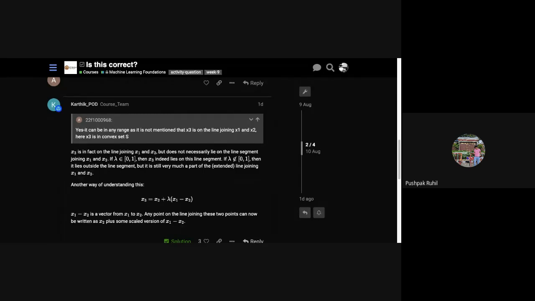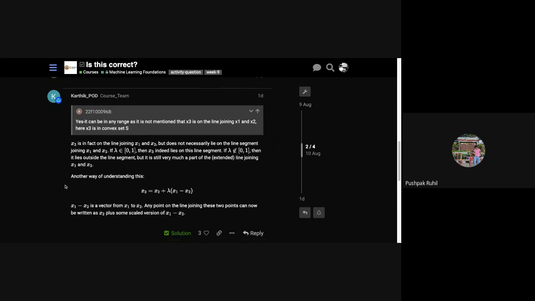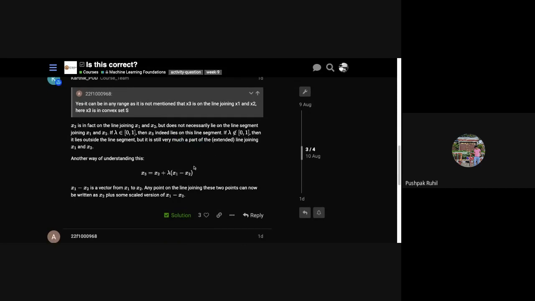So x3 can lie on an outside point, but it would still be there in the convex set. If your lambda belongs to 0 comma 1, then x3 indeed lies on this particular line segment. But if your lambda does not belong to 0 1, then it lies outside this line segment, but it is still very much part of this extended line. That's what he is trying to explain.